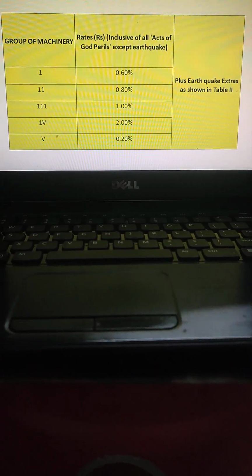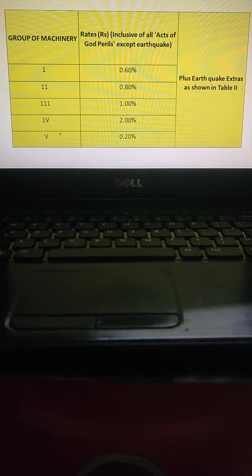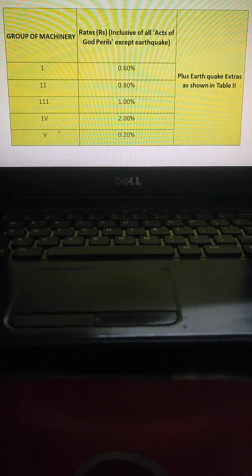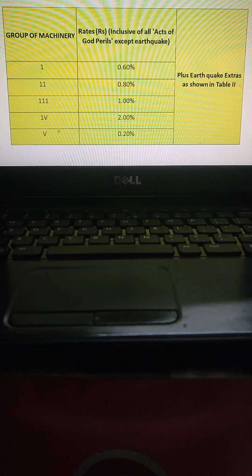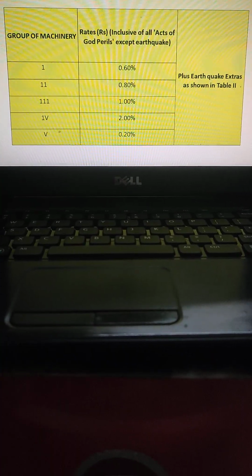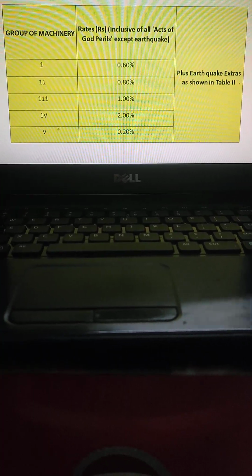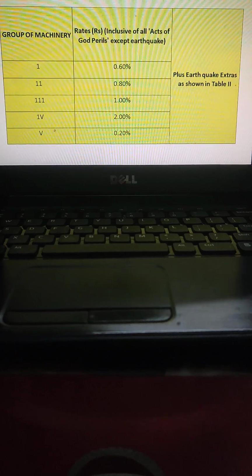The rate schedule is absolutely different in CPM, it is not like the motor insurance policy, because there are groups and the rate for every group is fixed. For example, group 1 the rate is 0.60%, group 2 0.80%, group 3 1.00%, group 4 2.00%, and group 5 0.20%.